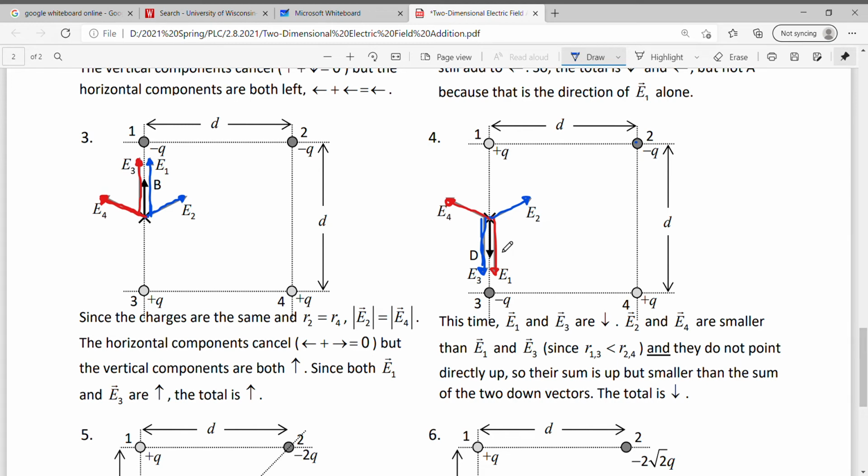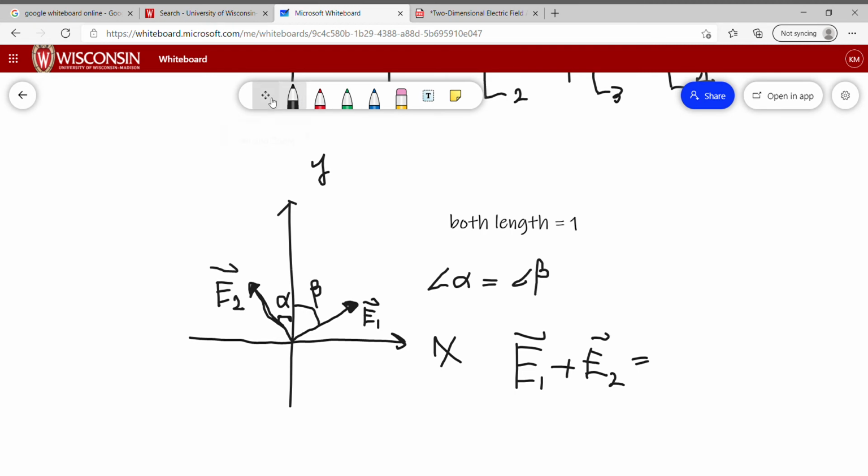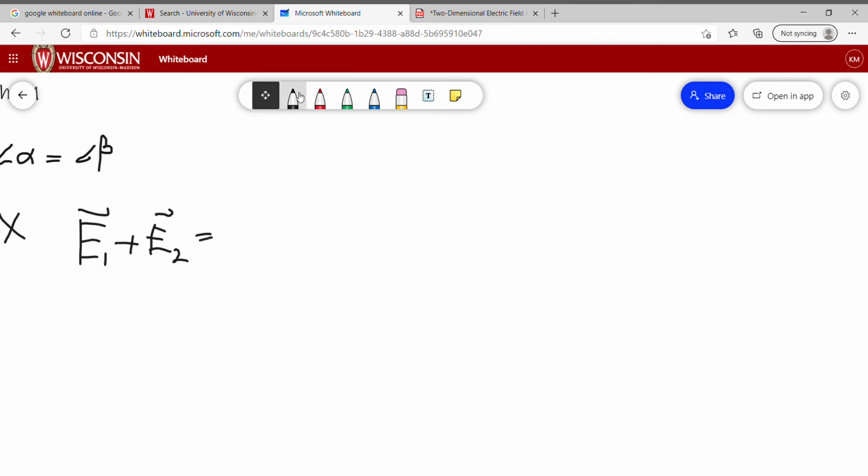Okay, let me draw another graph here. Now we have two vectors. This vector pointing down is E1 plus E3.